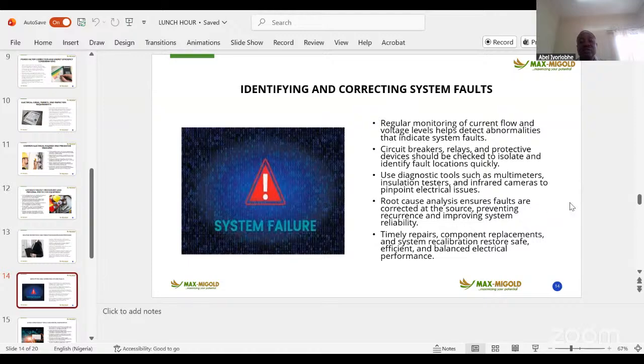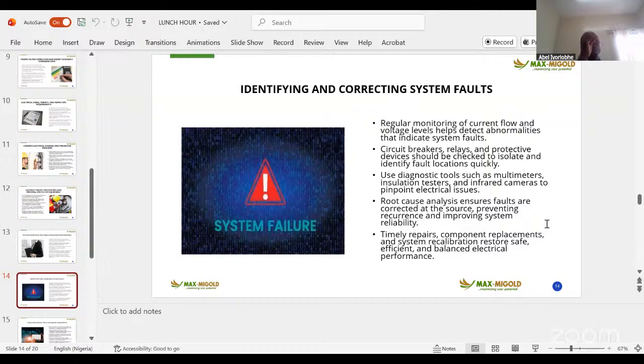Use diagnostic tools such as multimeters, insulation testers, and infrared cameras to pinpoint electrical issues. Root cause analysis ensures faults are corrected at the source, preventing reoccurrence and improving system reliability.